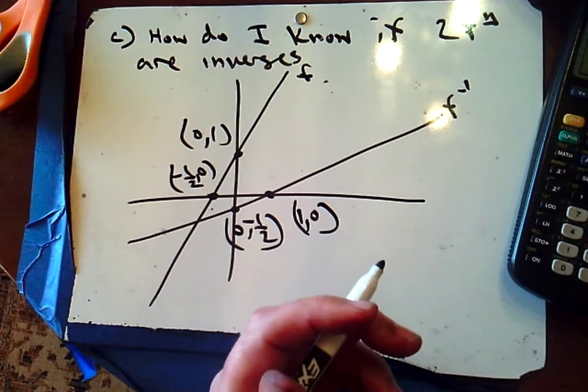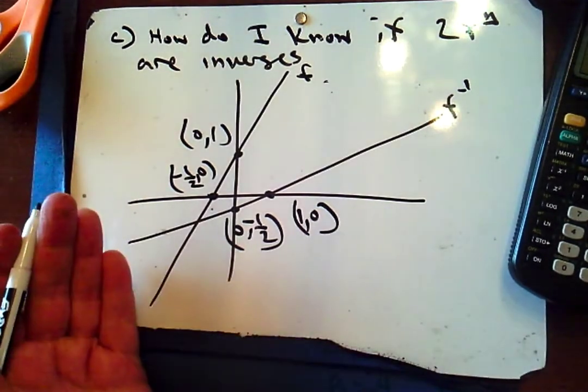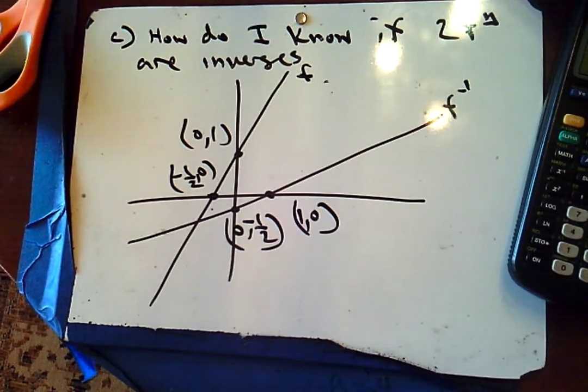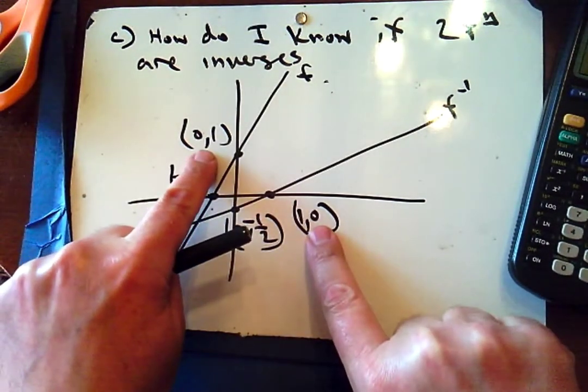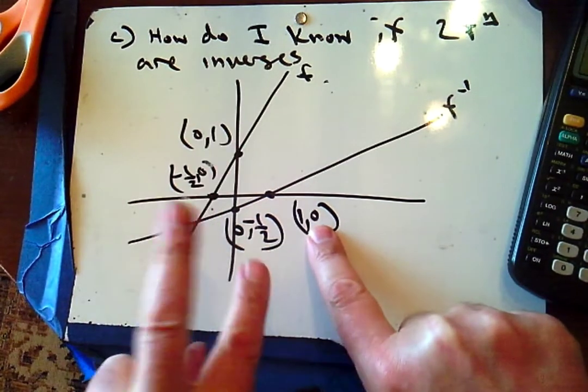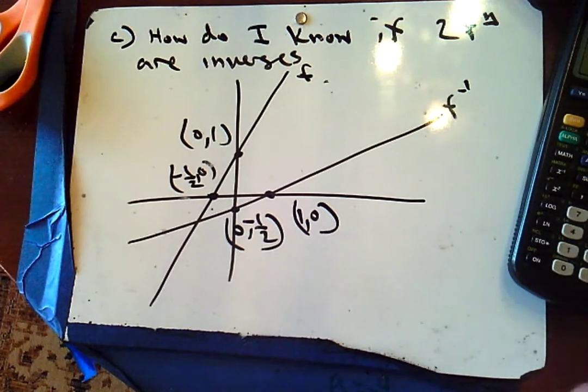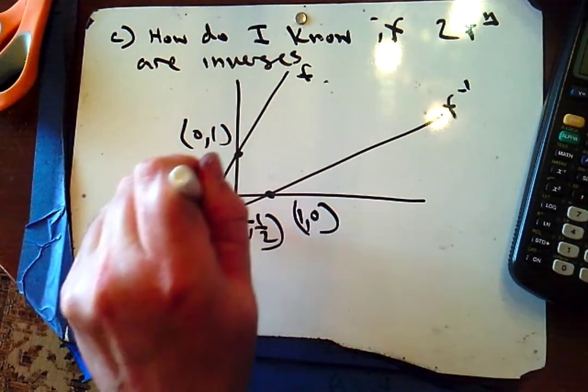The first thing I want to look at when looking at a graph of two functions to determine if they are inverses or not is, are the ordered pairs flipped? Are the x's and y's in the ordered pairs flipped? If they are, then yes, these functions are inverses of each other. There's something else I know graphically.